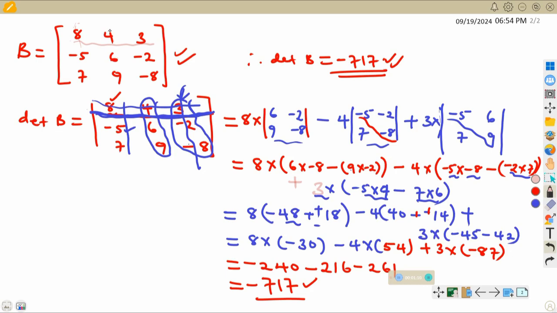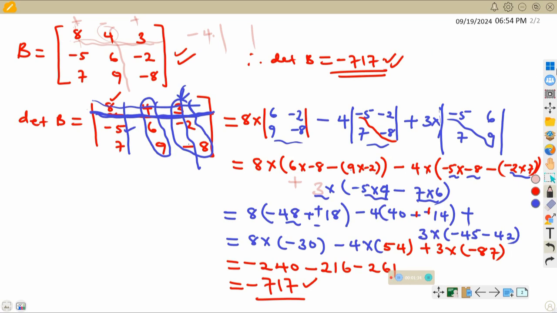The same applies to 4, but remember we consider a plus, minus, and a plus. So it means the 4 will be carrying a negative. So it will be negative 4 times, delete the row where 4 is and the column where 4 is. Then take the determinant of the remaining entries. So you should be able to deal with that.